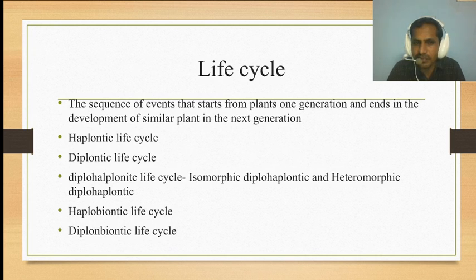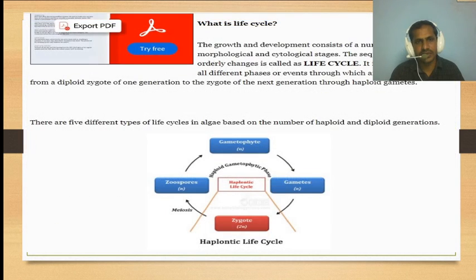Fourth type is the haplobiontic life cycle and diplobiontic life cycle. Now we are going to study each type of life cycle in detail.